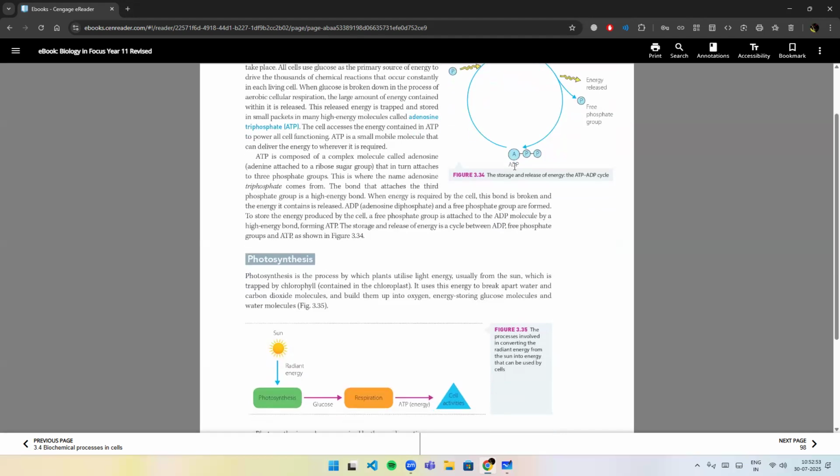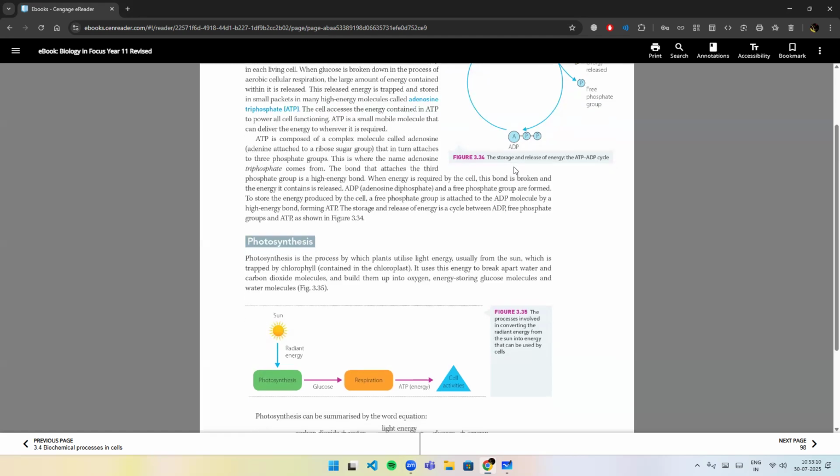This released energy is trapped and stored in small packets in many high-energy molecules called adenosine triphosphate, ATP. The cell accesses the energy contained in ATP to power all cell functioning. ATP is a small mobile molecule that can deliver the energy to wherever it is required.